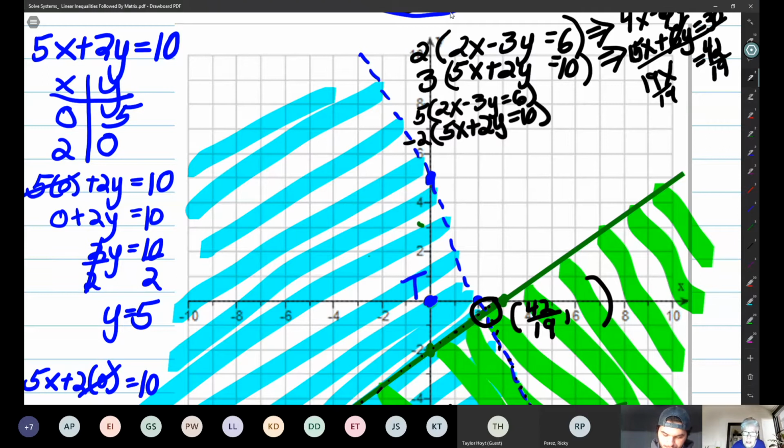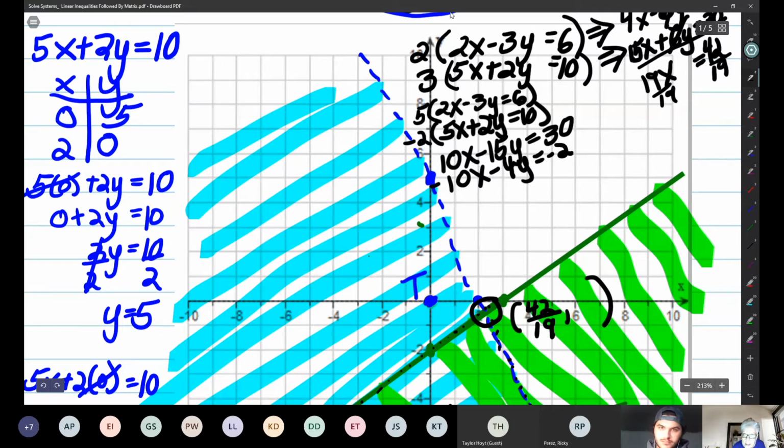Okay, so this will give me 10x minus 15y equals 30, and -10x minus 4y equals -20.